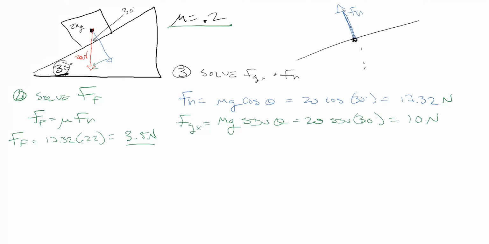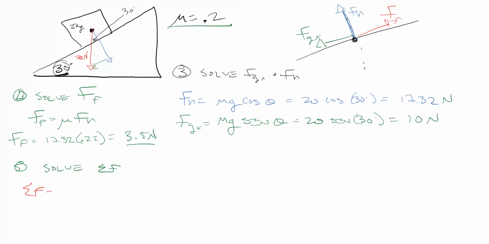All right. Step number 5 is solve for the net force. Solve for sigma F. Now, F sub g sub x is what's moving us down the incline, and the friction force is moving us back.